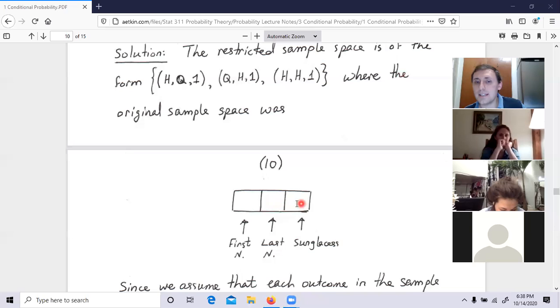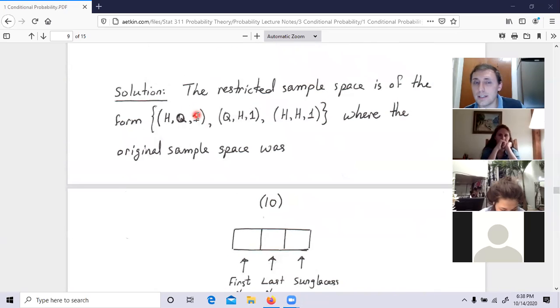First name, last name, sunglasses. So she can be wearing one of 3 sunglasses, but she chose to wear sunglass number 1. And the fact that she knows that one of the names is Humbert, the possibilities are Humbert Quilty, Quilty Humbert, or Humbert Humbert, right?